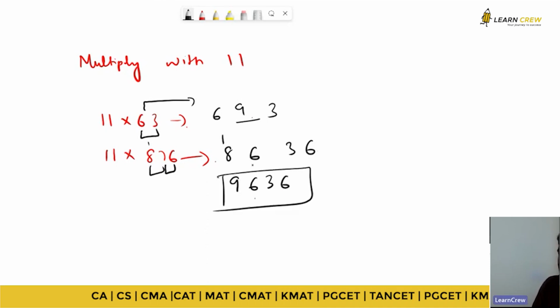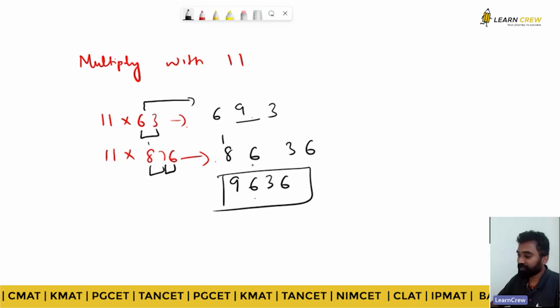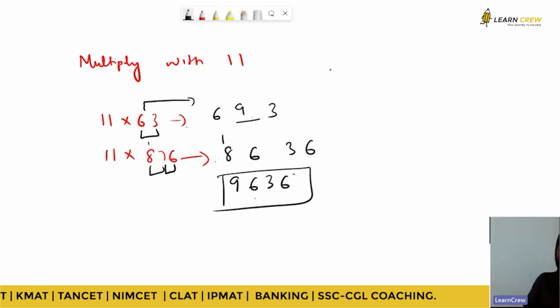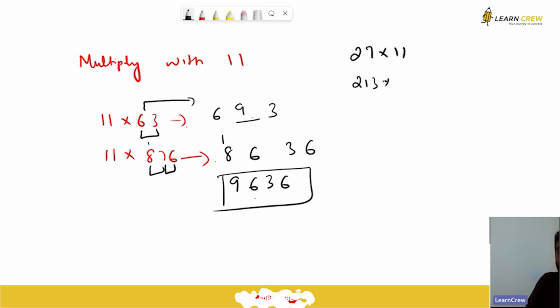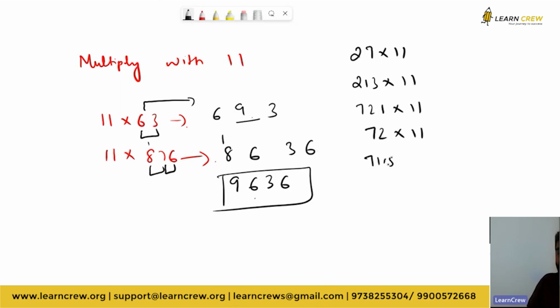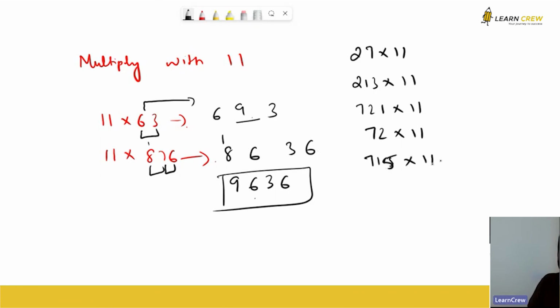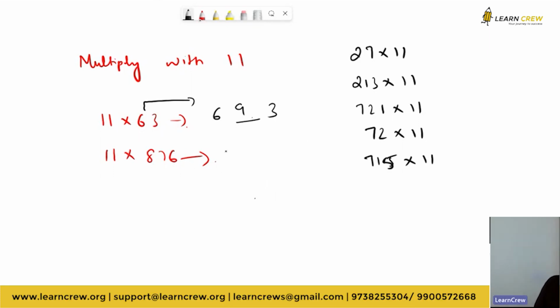Take some more. 27 into 11. Next is 213 into 11. Next is 721 into 11. 715 into 11. Okay, 876 into 11. Write 8 and 6 in the far ends.